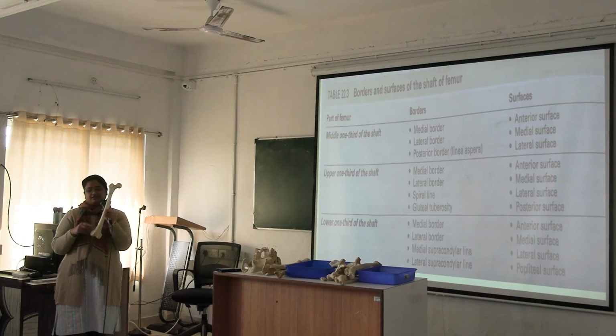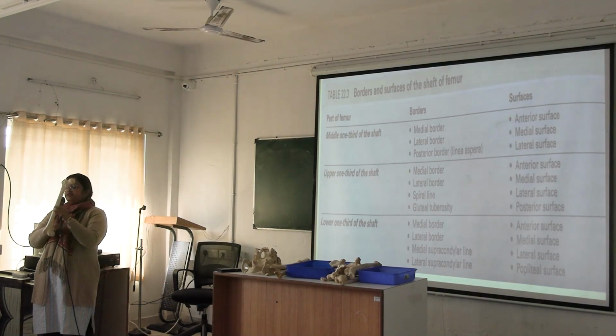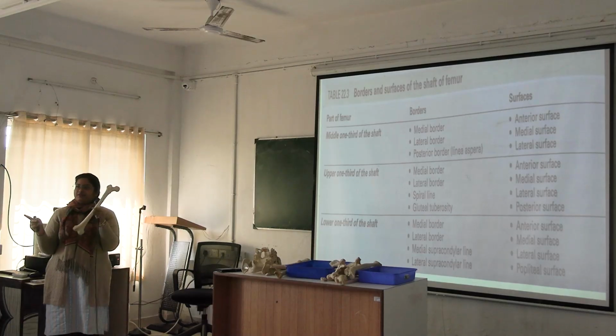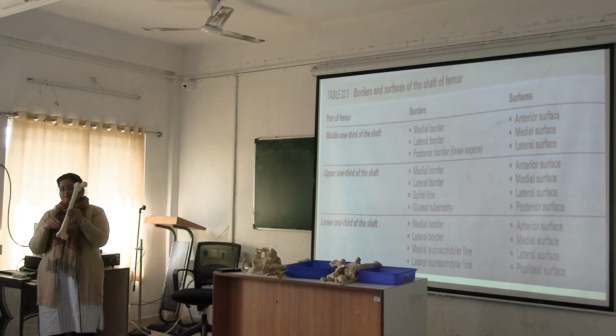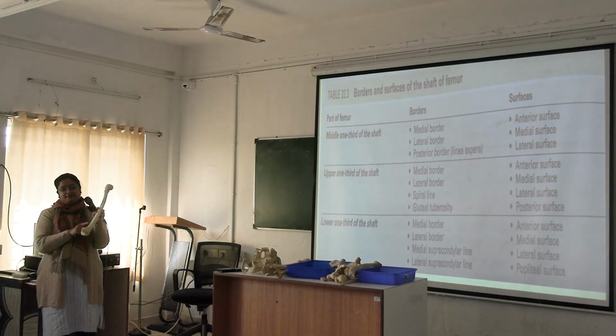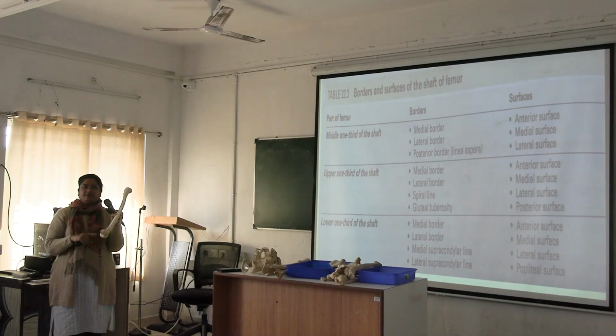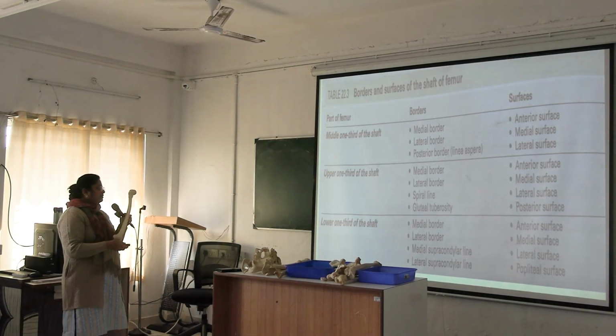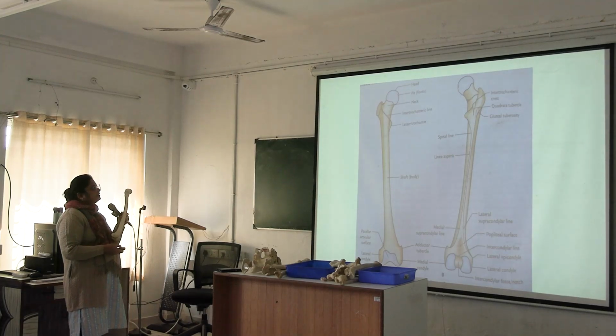The 4 borders are medial border, lateral border, medial supracondylar line, lateral supracondylar line. So anterior surface, medial surface, lateral surface, and this popliteal surface or posterior surface. So these are the borders and surfaces.